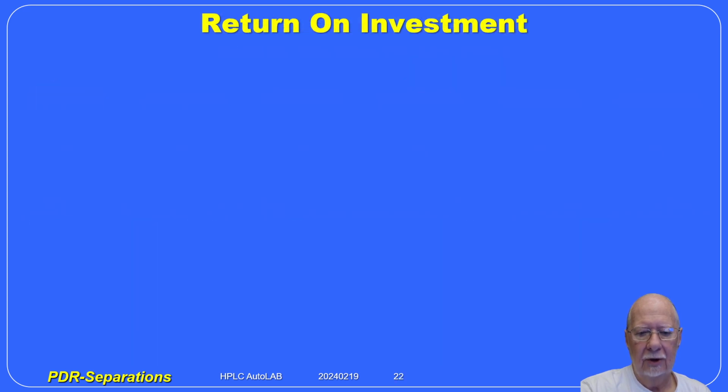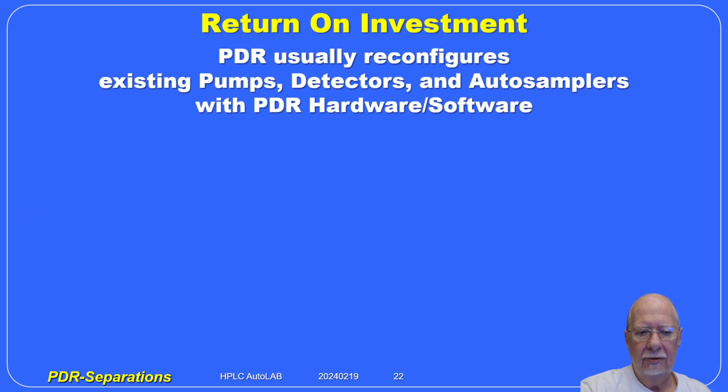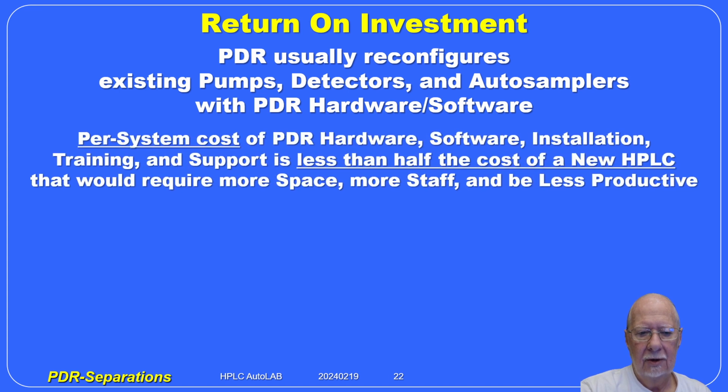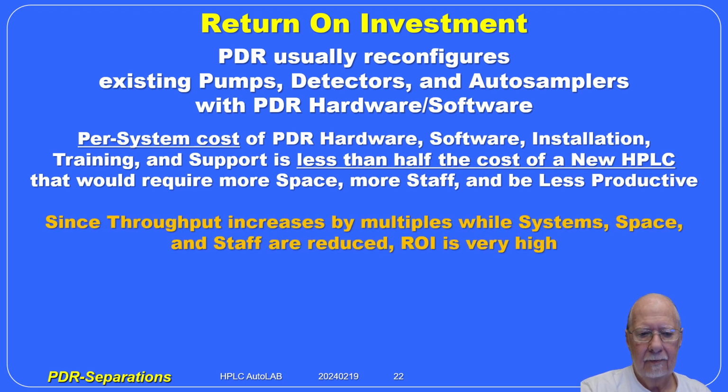Return on investment. PDR usually reconfigures existing pumps, detectors, and autosamplers with PDR hardware and software. Per system cost of PDR hardware, software, installation, training, and support is less than half the cost of a new HPLC that would require more space, more staff, and less productivity.